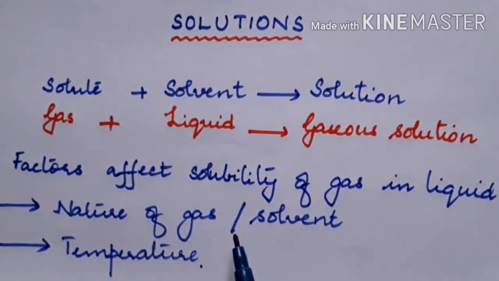When we talk of the nature of the gas and the solvent, gases which can be easily liquefied are more soluble in common solvents. For example, carbon dioxide is more soluble in water than oxygen or hydrogen. Whereas gases which react with the solvent possess high solubility.